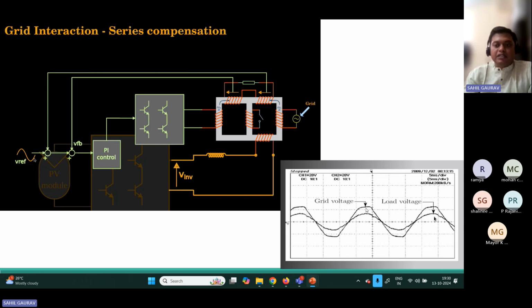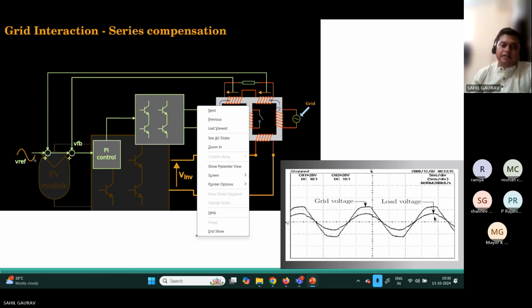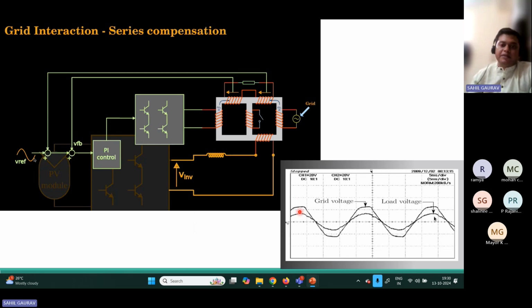We have distorted voltage; whatever voltage is coming from the grid is distorted, and we don't want the same distorted voltage to appear across the load. The utility always wants to feed power with good power quality, good quality of the voltage fed through the grid, given to its customers.